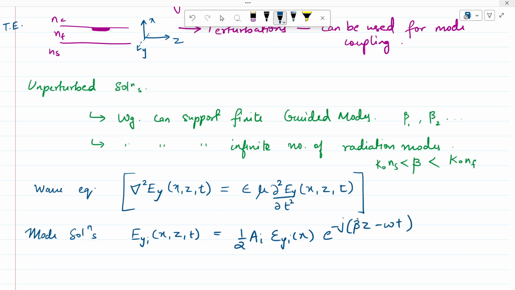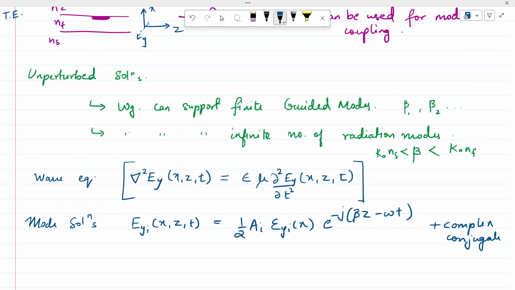This is the sinusoidal variation, so it is oscillating in the z coordinate and also in the time coordinate, plus obviously the complex conjugate. So the solutions look of this type. That's why we have put a half here, because we will have another half ai as the complex conjugate.